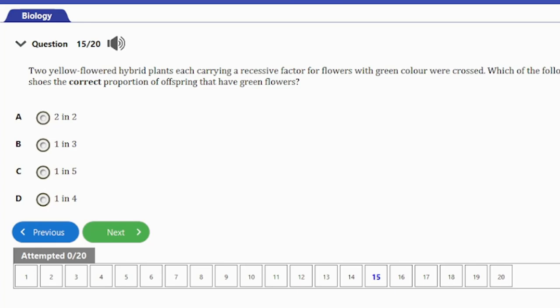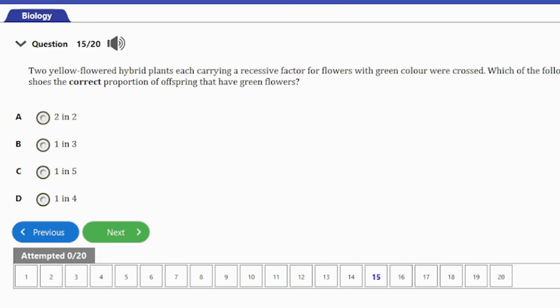So guys, obviously the answer to this question is option D, and that's 1 in 4, because their phenotypic ratio will definitely be 3:1. Since we said here these plants are actually yellow colored with green recessive, the phenotypic ratio will be 3 yellow colored to 1 green colored.